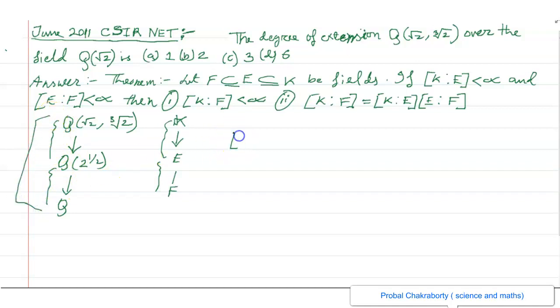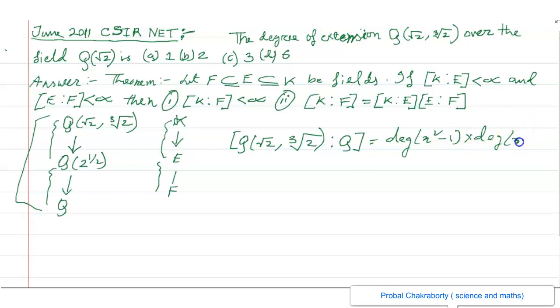So friends, the degree of Q(root 2) over Q is equal to the degree of x square minus 2 into the degree of x cube minus 2, which is equal to 6, and the degree of Q(root 2) over Q is equal to the degree of x square minus 2, which is equal to 2.